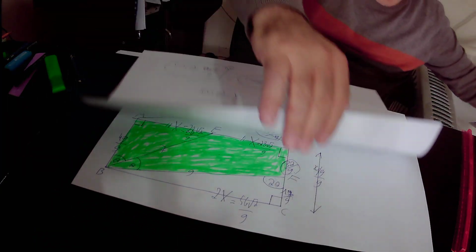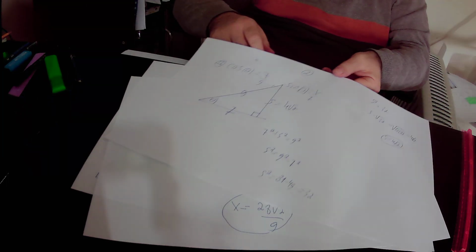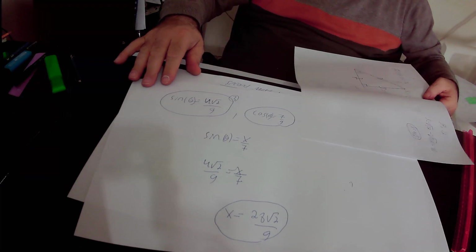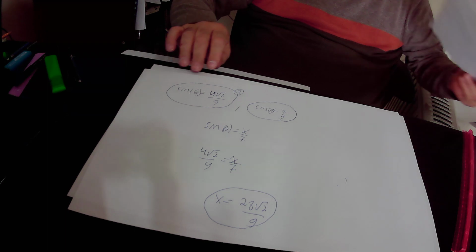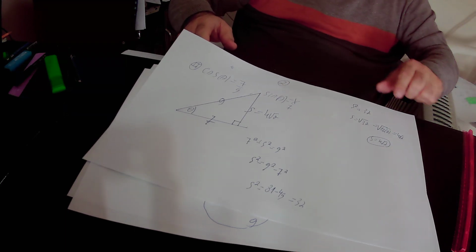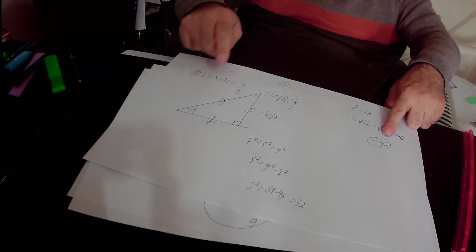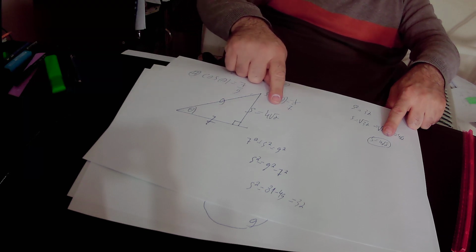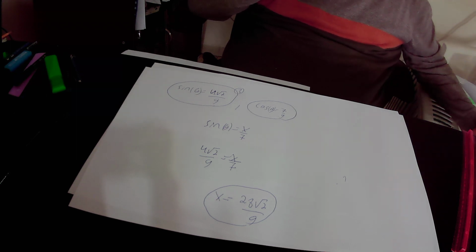So sine theta will be equal to 4 times square root of 2 over 9.